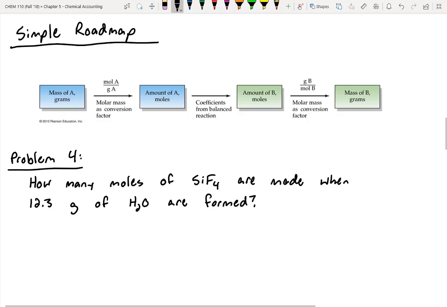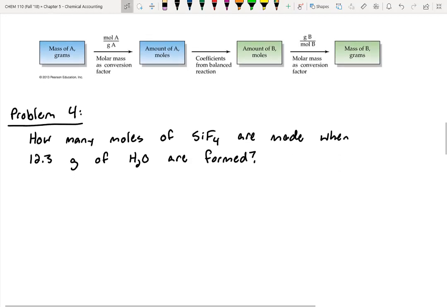All right, but try to use the roadmap as your guide. It's going to be set up pretty similar to the last problem, but with new and different numbers.